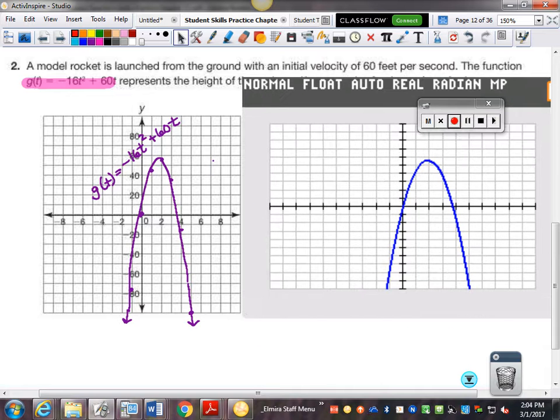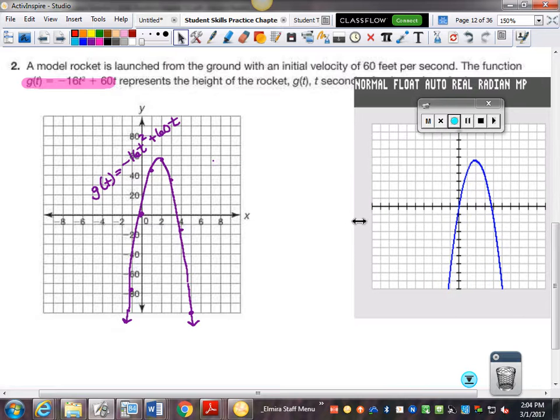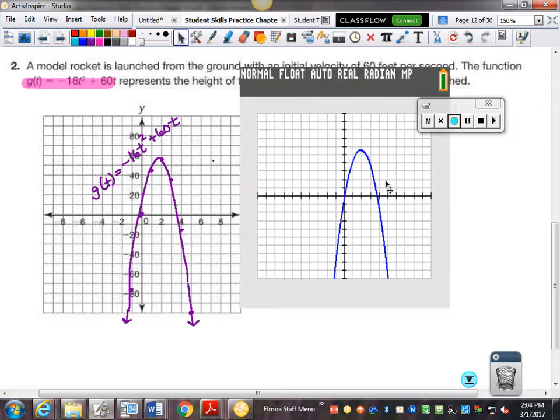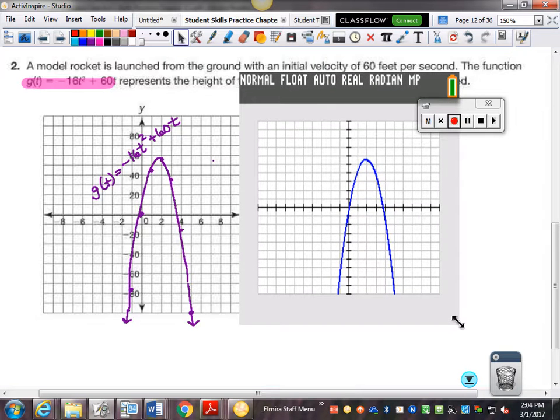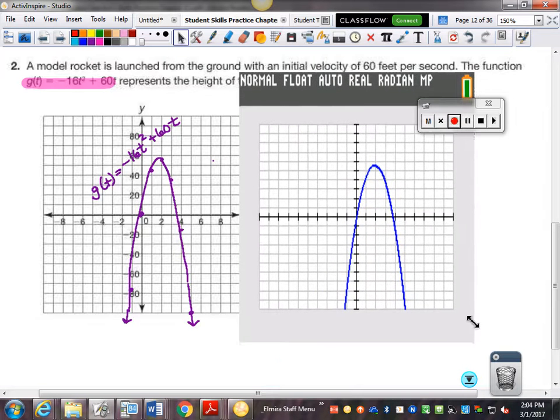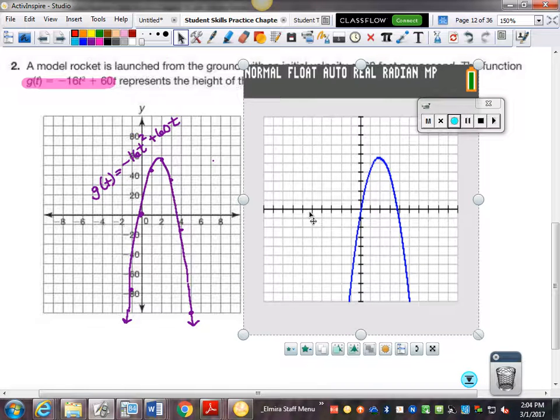So if I made this same size and square, then they'd look more alike. But don't be bothered by the distortion. Keep in mind that your screen is rectangle shape and the grids on your homework are square shape. So that makes a difference.